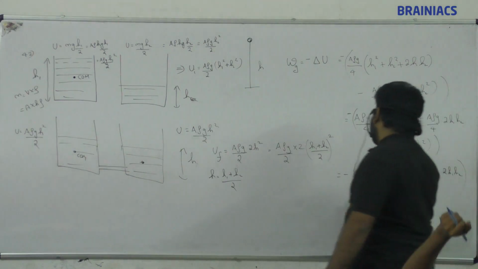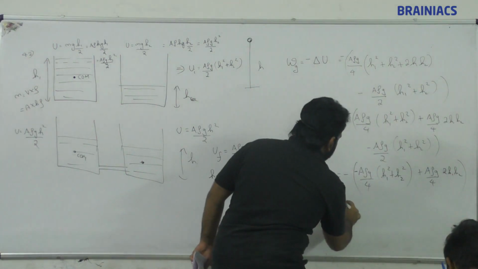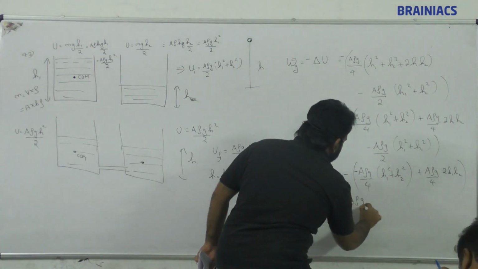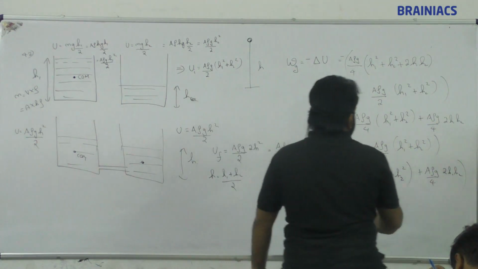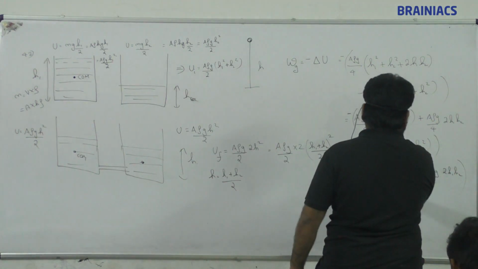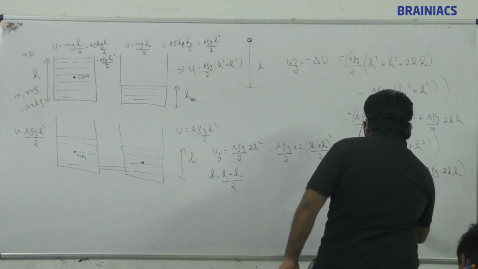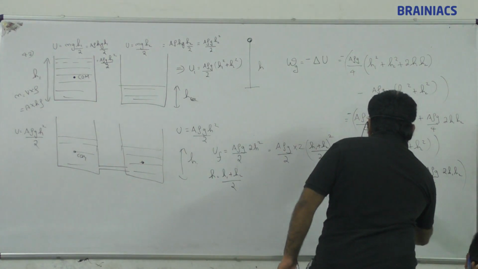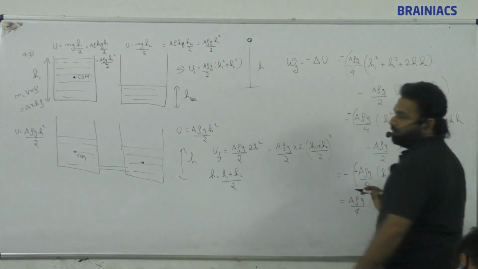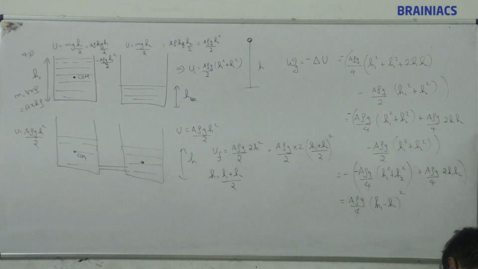So this is going to be A rho g by 4. Here this will become plus, this will become minus. We will have h1 minus h2 the whole square. Correct or what? So this is correct. Option D. Correct? Okay, clear?